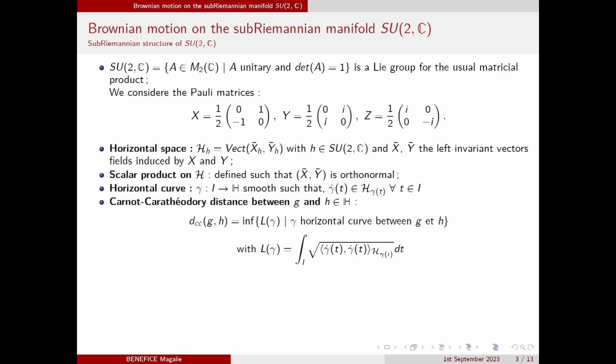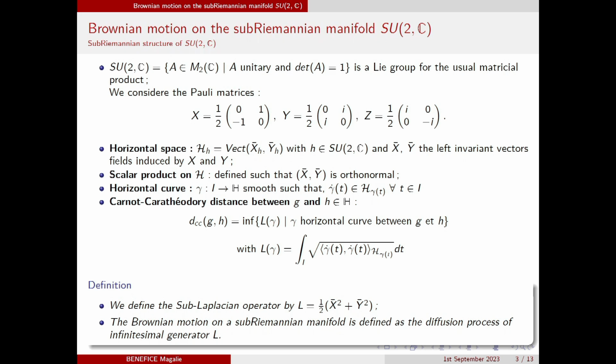This is because we have a good relation between the vector fields, the left invariant vector fields induced by this basis here. This is the so-called Hörmander condition, and thanks to that, we have this distance that is finite, and more, we have that SU(2) is connected.